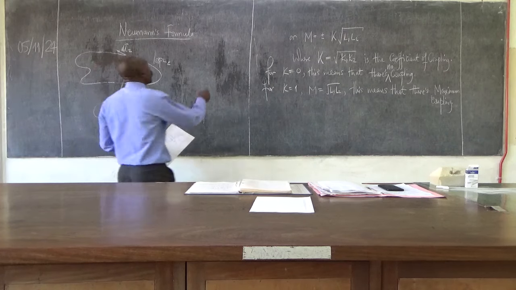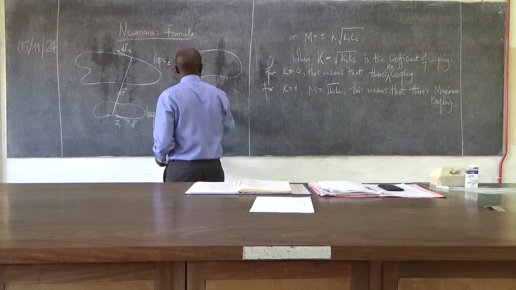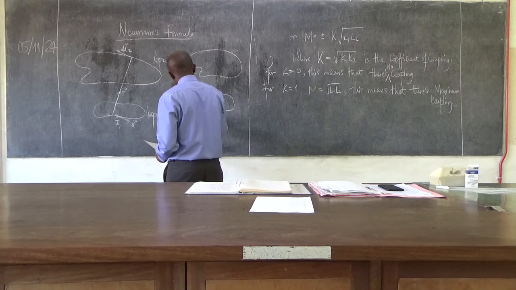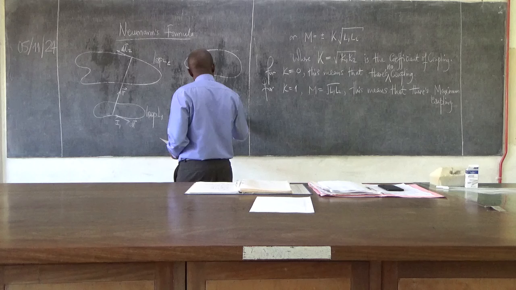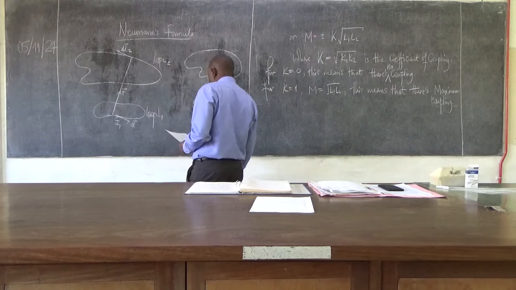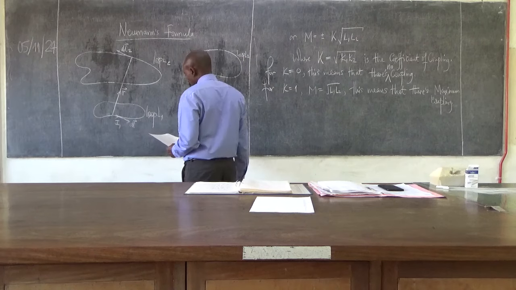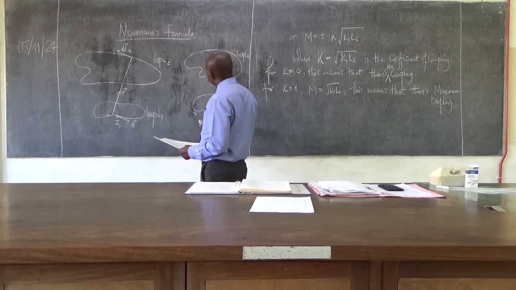So I can draw another one just to show in detail that if this is the current I1 flowing in loop L1 and this is loop L2, then if you change this current I1, it will produce a field.